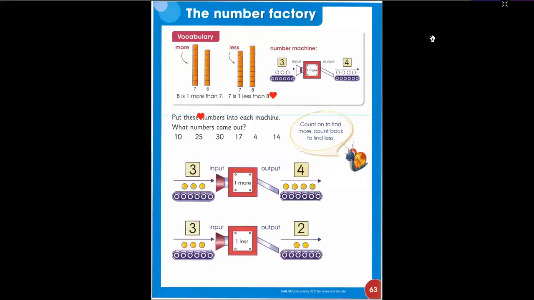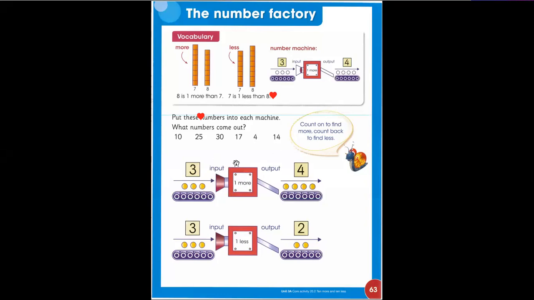It is like a story that someone has put a number machine in his factory. 8 is 1 more than 7. 7 is 1 less than 8. So in this factory, whatever number we input, the machine gives one more.